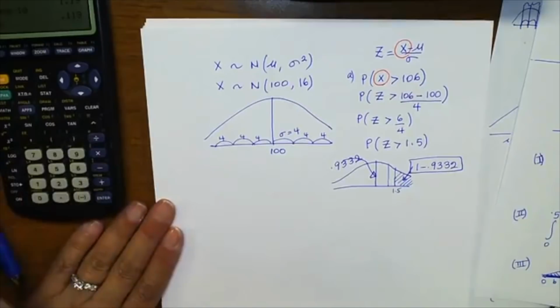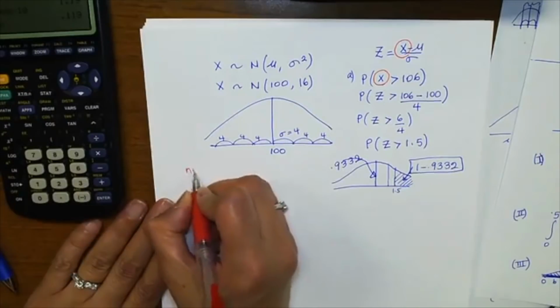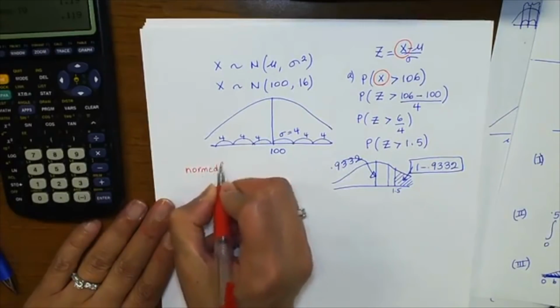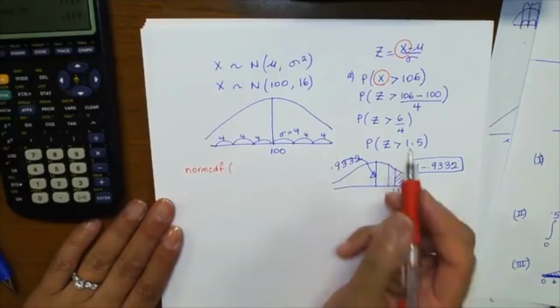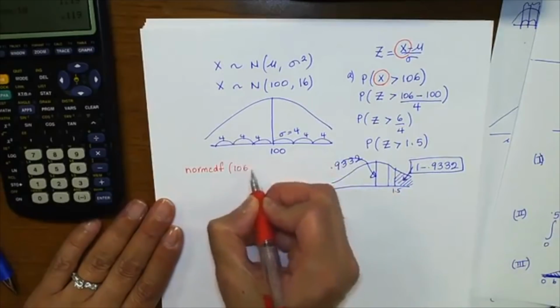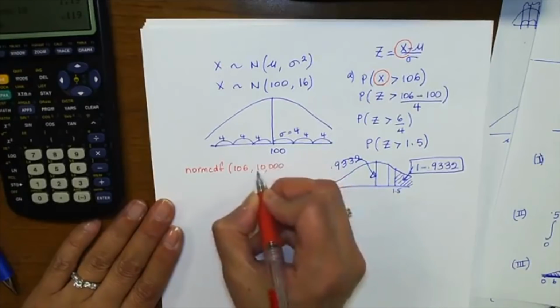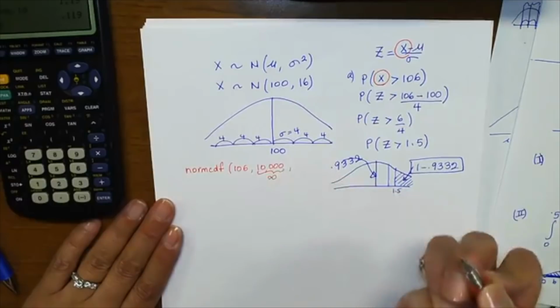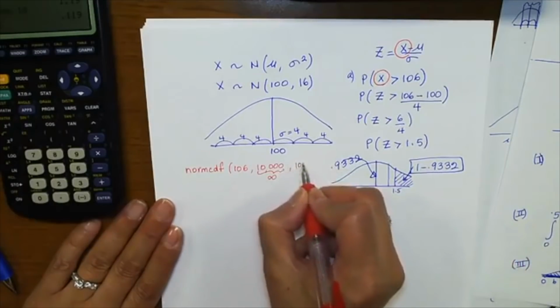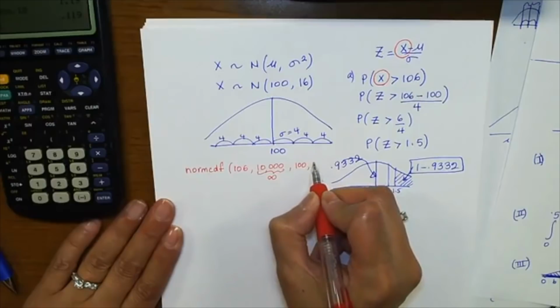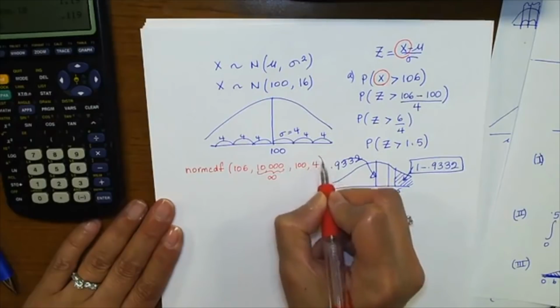Or you could skip it and just do the calculator command: normalcdf, left endpoint 106, right endpoint infinity, mu equals 100, sigma equals 4.